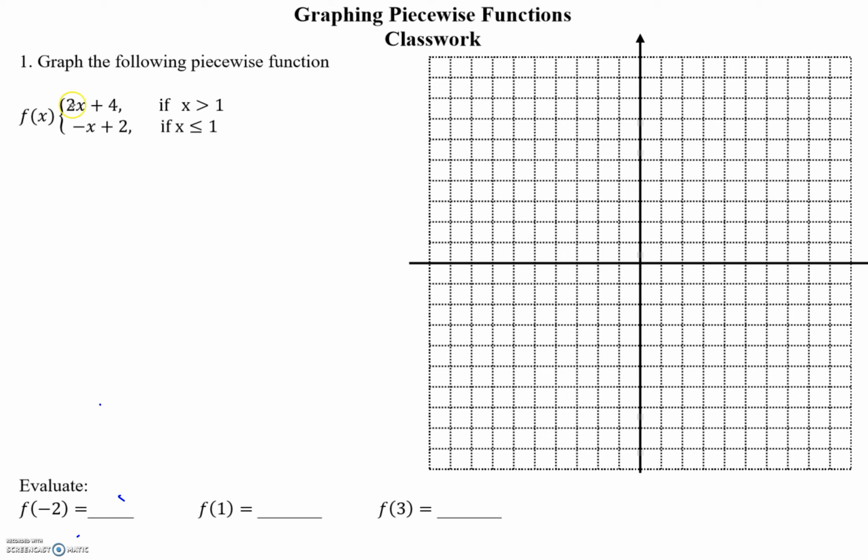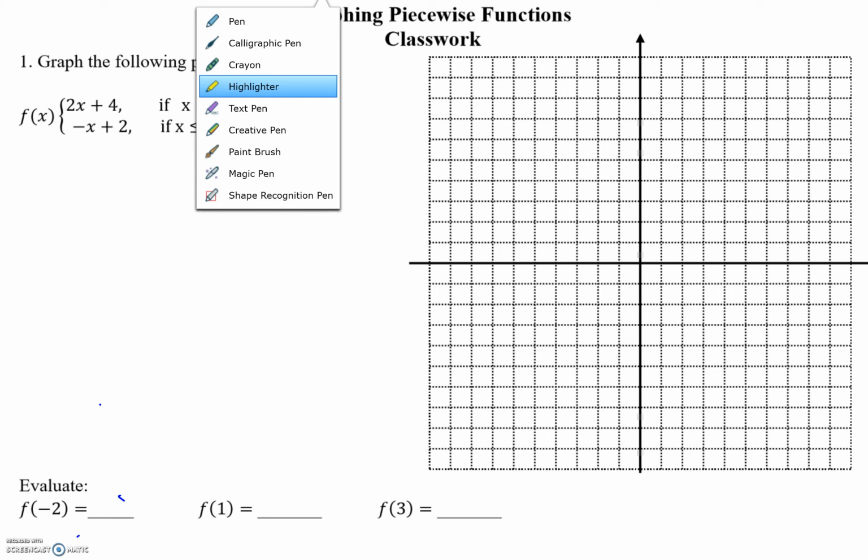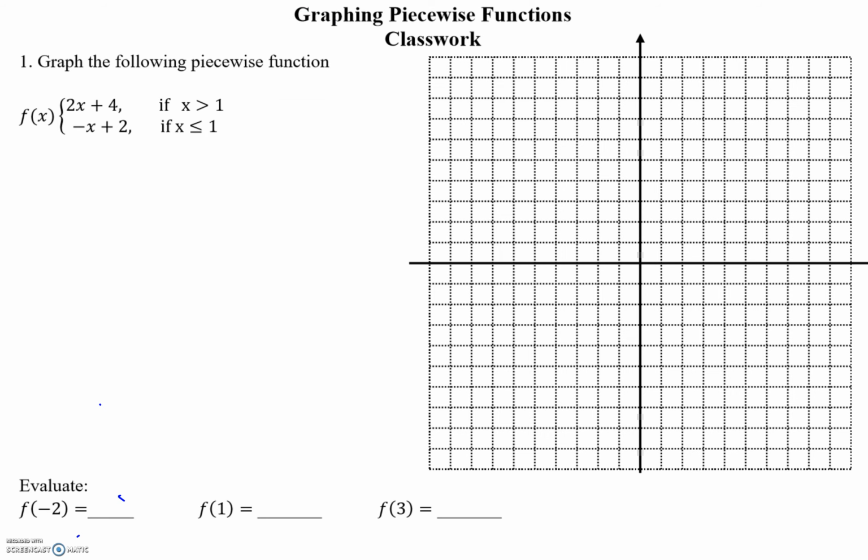So f of x is the entire function that we're graphing, and we're looking at two different pieces. We're looking at this linear equation, 2x plus 4, so when y equals 2x plus 4, and we're also looking at when y equals negative x plus 2.